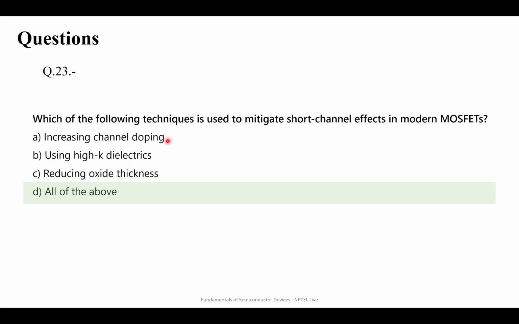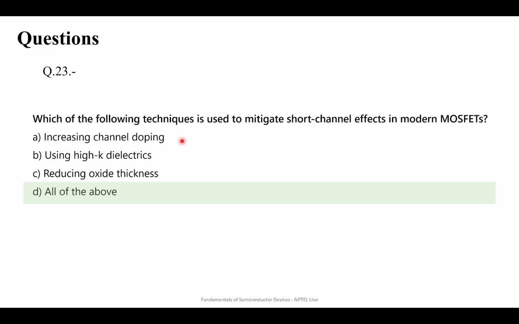Sir, using high K dielectric, option B, what happens?